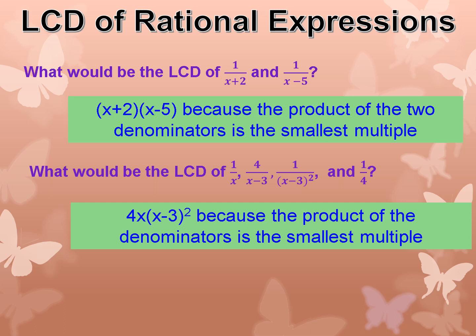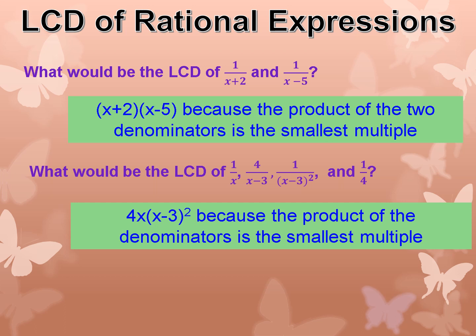So our common denominator would be 4x times x minus 3 squared, because the product of the denominators is the smallest multiple. And you're like, but wait a minute, you've got an x minus 3, and then you've got an x minus 3 squared. So don't panic, we're going to talk about that.